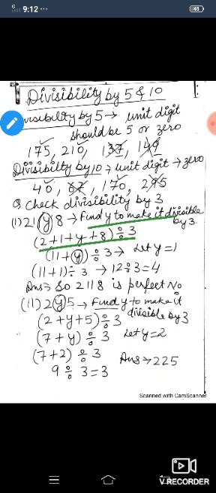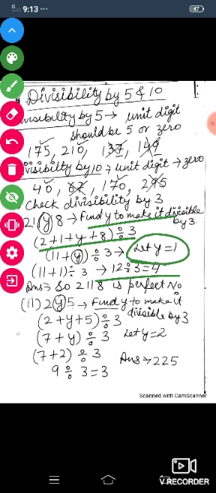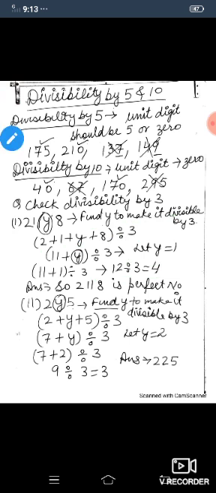Let us take y as 1. You just choose the smallest possible number. 11 plus 1 will make 12, and 12 is divisible by 3. That is equal to 4. So instead of y, we will write 1. So 2118 is the number divisible by 3.